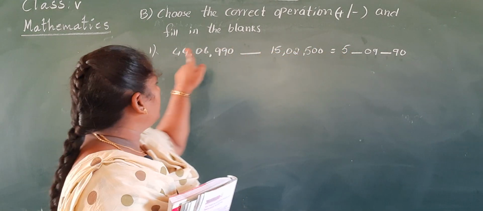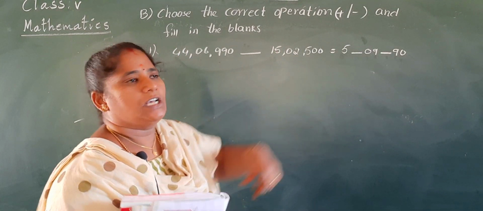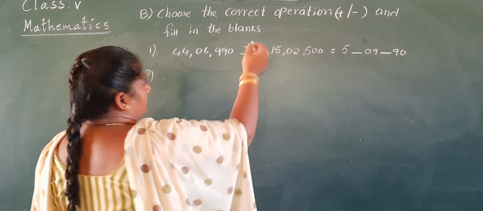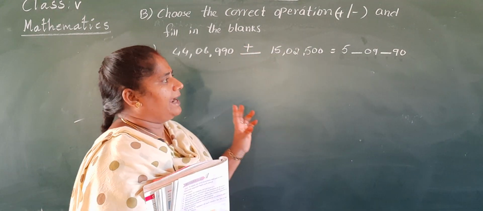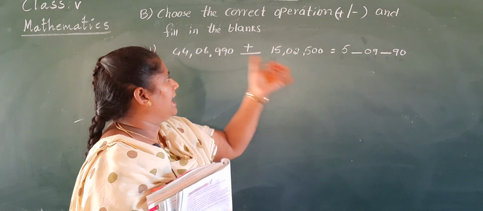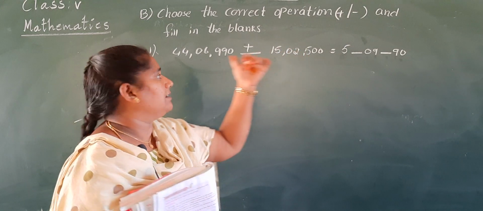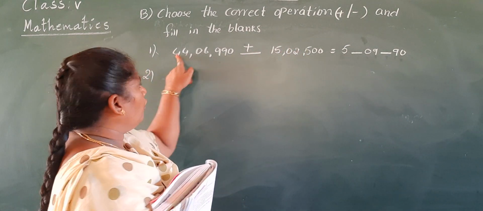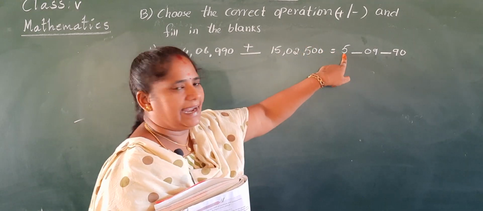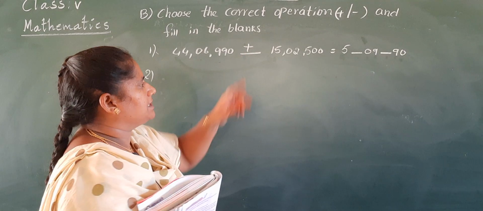If you take 4 plus 1, then only you will get 5. So it is plus. If you add two numbers, we get a sum which is greater than the two numbers. So here 4 plus 1, only you will get 5. So here we select the operation plus.